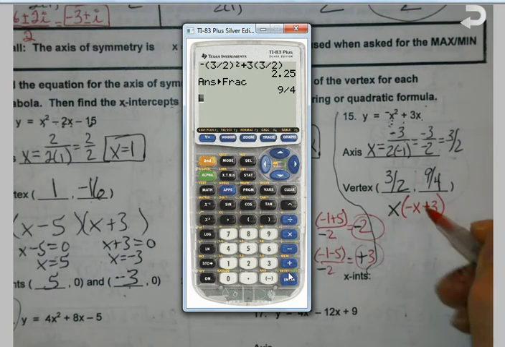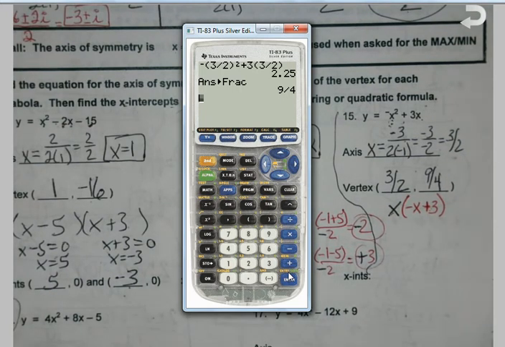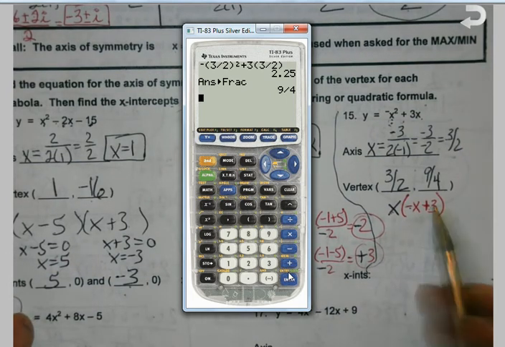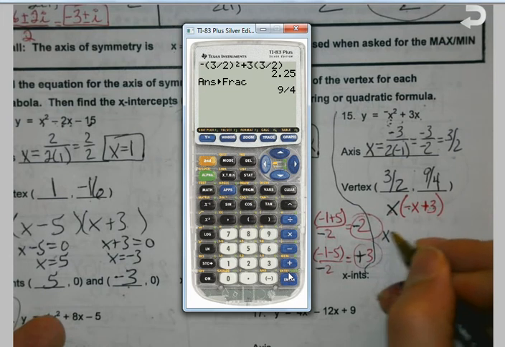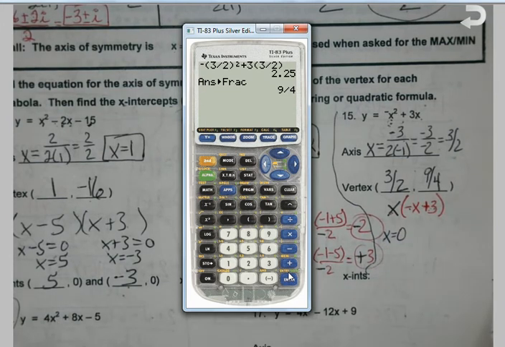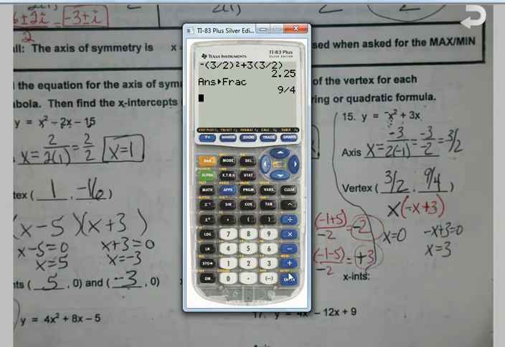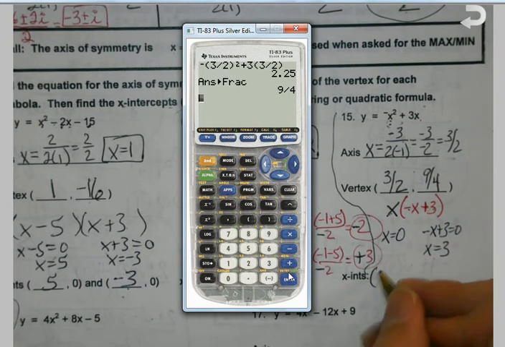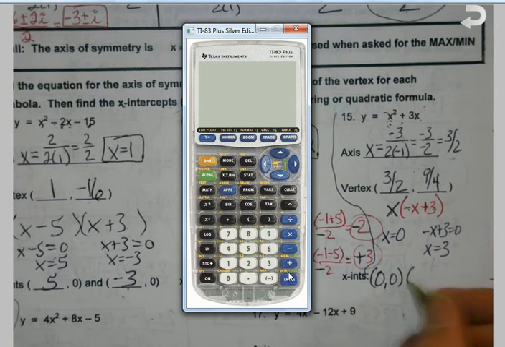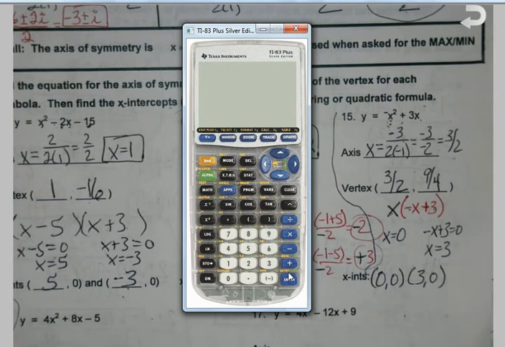Whew. Positive times positive is positive. I was thinking if I had pulled the negative out. I can do it this way, or if you pulled the negative out, those signs would just switch. Either way, I'm going to set each of those equal to 0. And I'd have intercepts at (0, 0) and (3, 0). That's better.